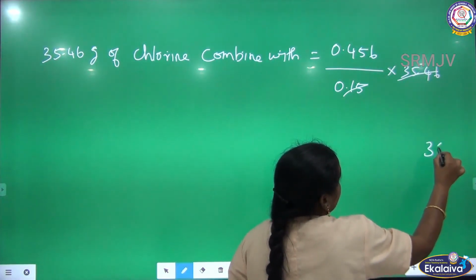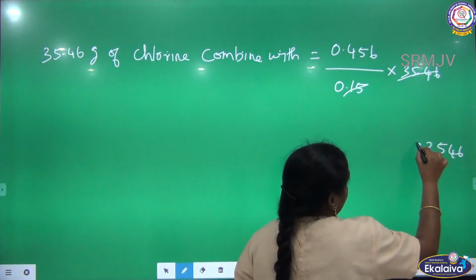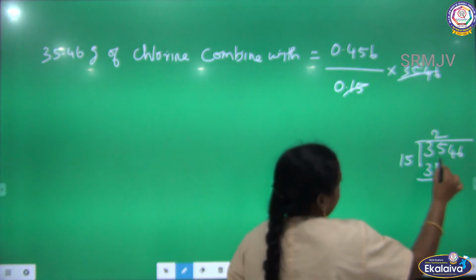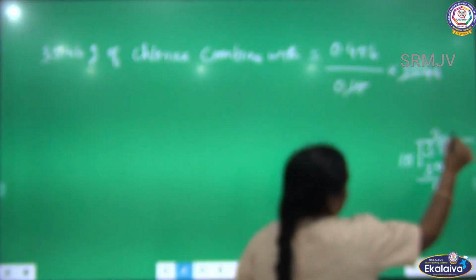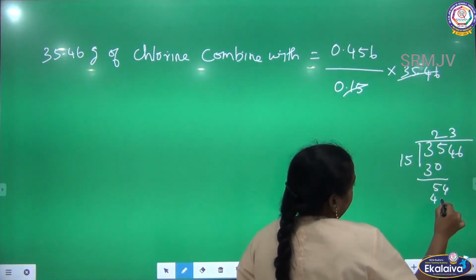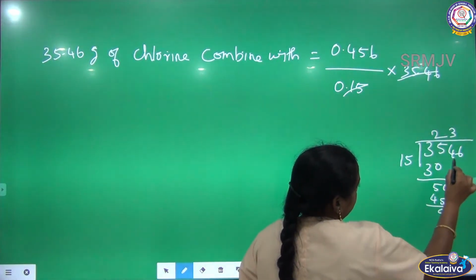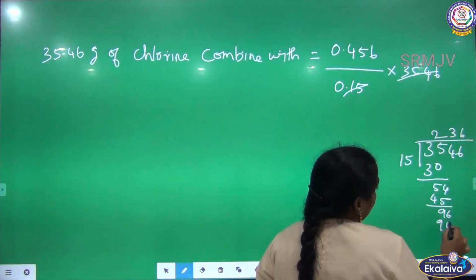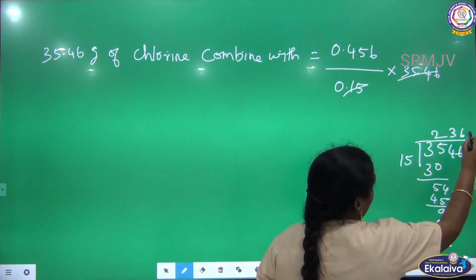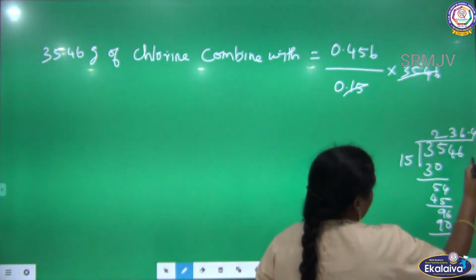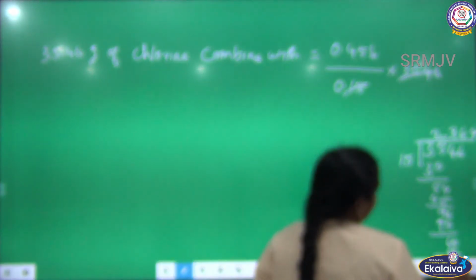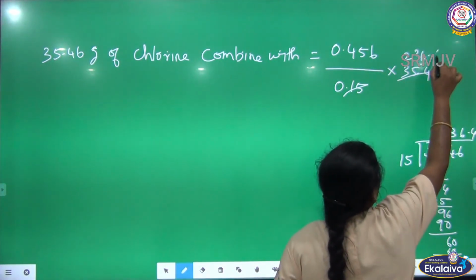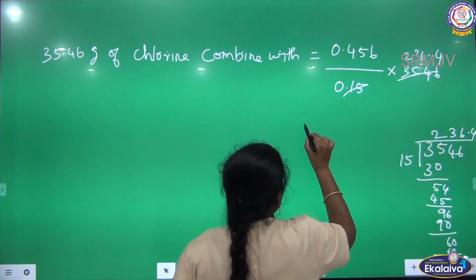Now, you cancel these two by dividing. See this, 3546 divided by 15, so this becomes 236.4. Now, you multiply these two.